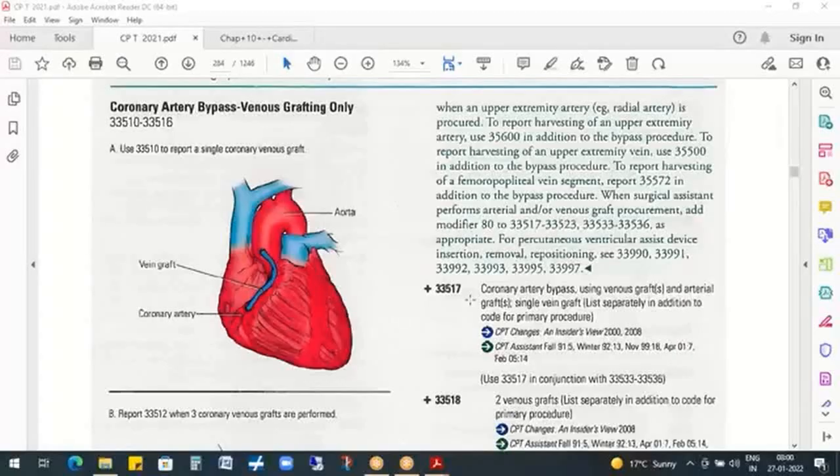Can you see those add-on codes everyone? 33517, 518.